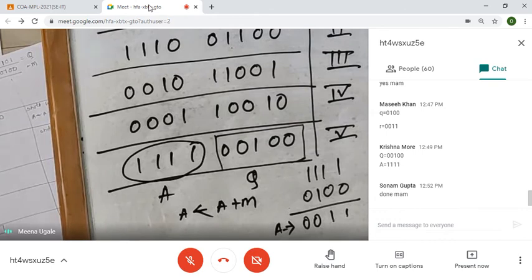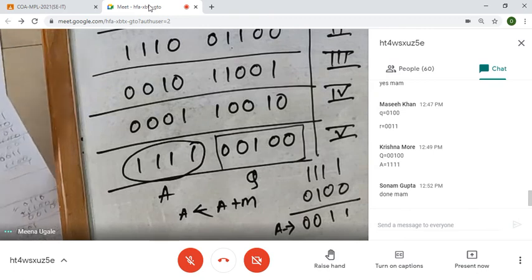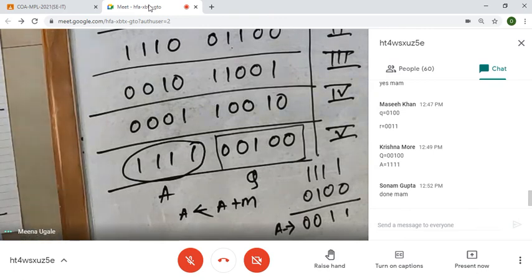Yes, Sonam, done. Okay. Others getting the answer? Now see, similar to this, in the paper you will just get a change in the numbers.